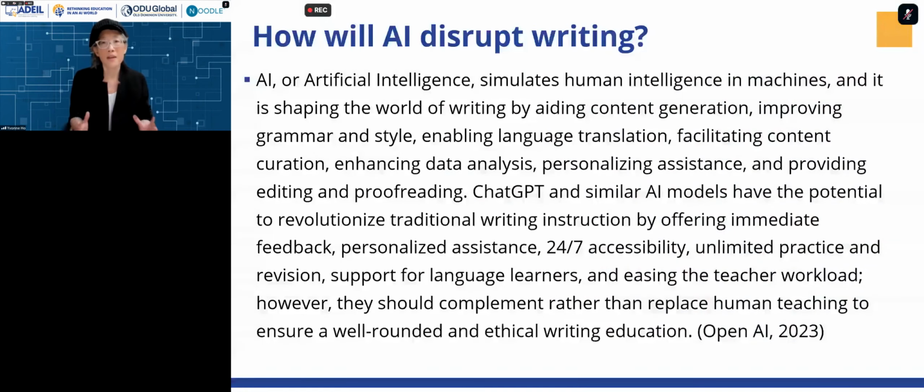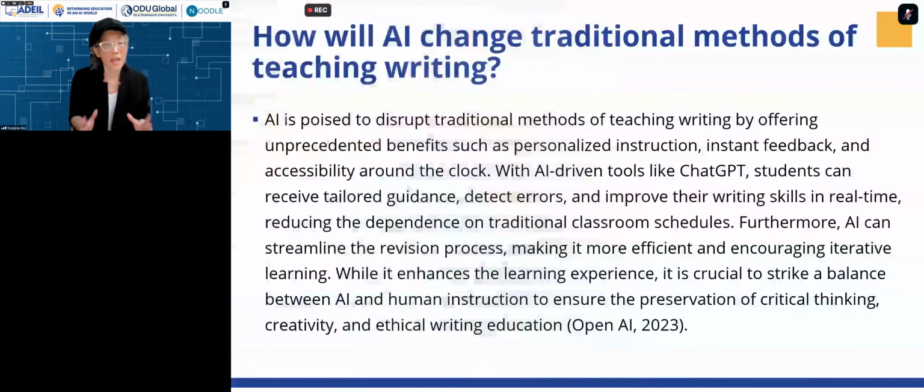One of the things that I love about ChatGPT is that it helps with content generation, grammar and style checking, and language translation. Many people think that AI is going to disrupt teaching. But what I find is that AI helps in brainstorming and revision. I always tell students that it's great for idea generation. AI is poised to disrupt traditional methods of teaching writing by offering unprecedented benefits such as personalized instruction, instant feedback, and accessibility around the clock.